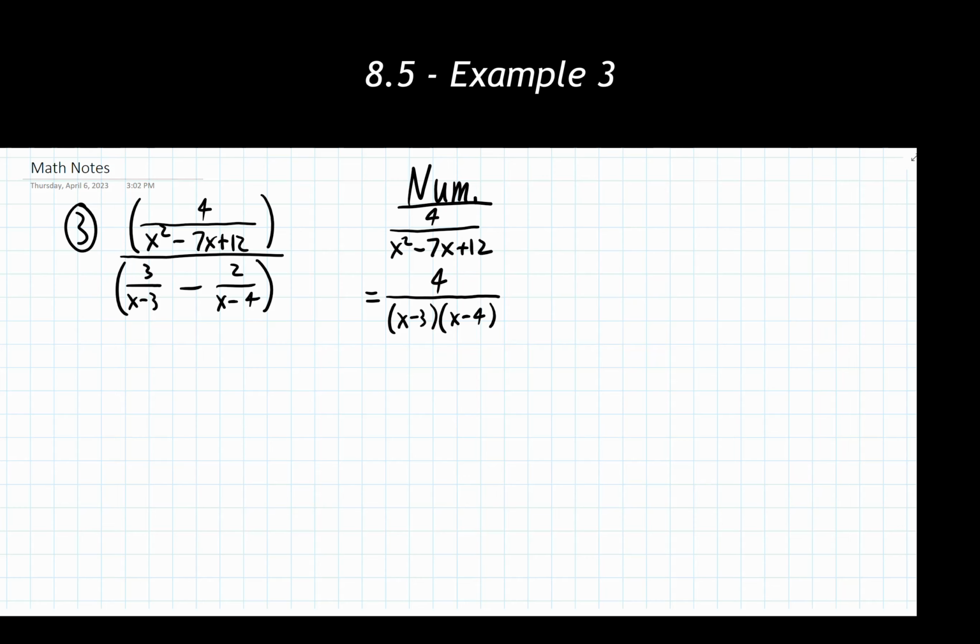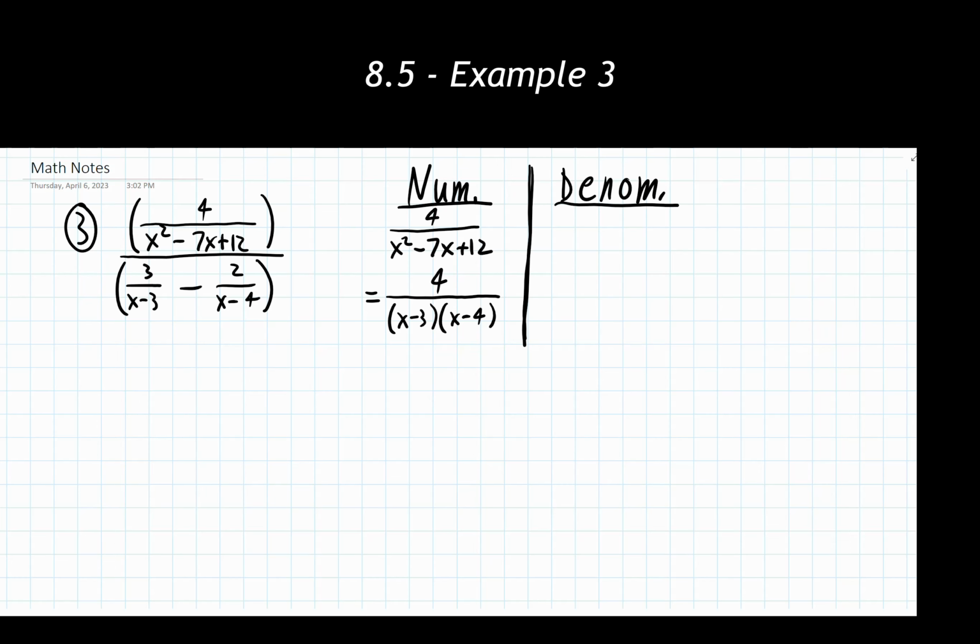I can't do anything else to simplify from there, but I have fully factored this original numerator out, so when I inevitably try to simplify things down at the very end, I at least have the factoring done. So not a huge amount of work was accomplished with that, but there's nothing wrong with getting it done ahead of time as well. So you can think of that as an optional step for yourself.